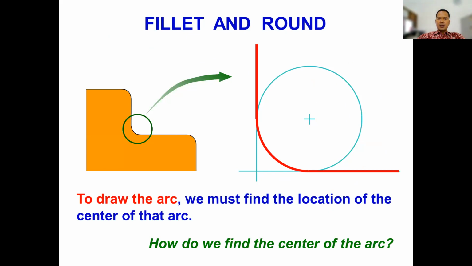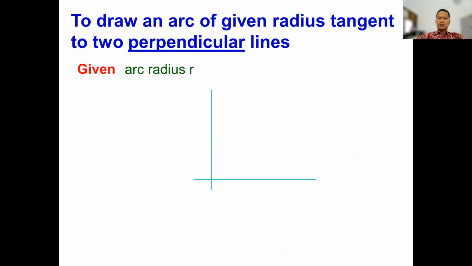To draw the arch, we must find the location of the center of the arch. How do we find the center of the arch? To draw an arch of given radius tangent to two perpendicular lines, for example like this, with the R, find the intersection, and also this one, find the intersection, and then you will get two intersection points here.